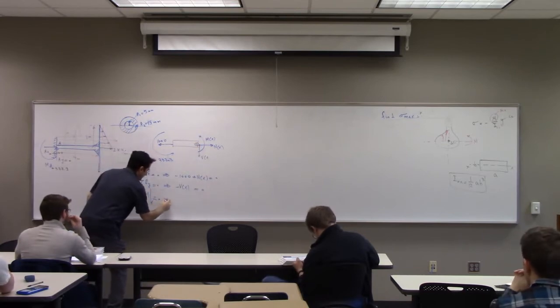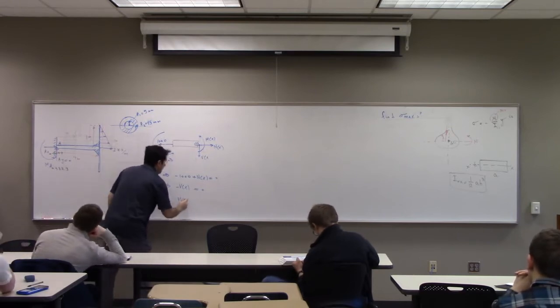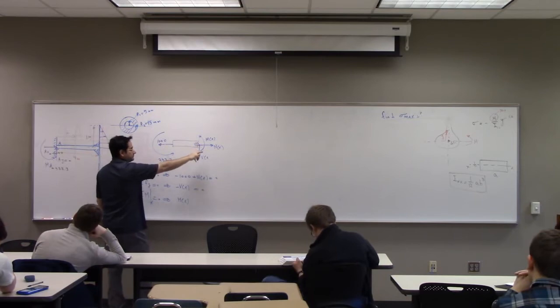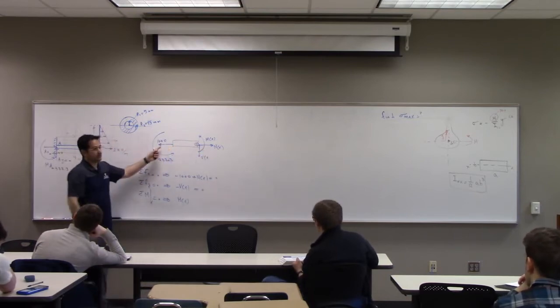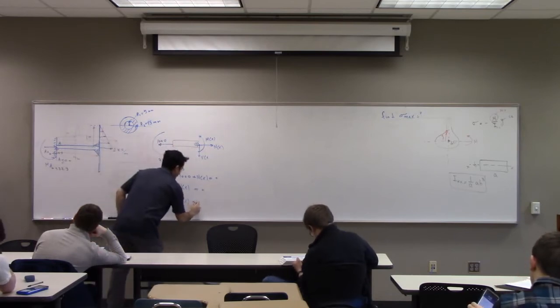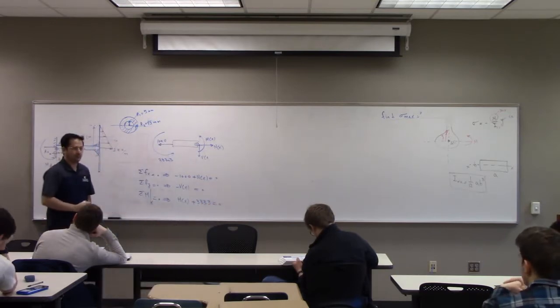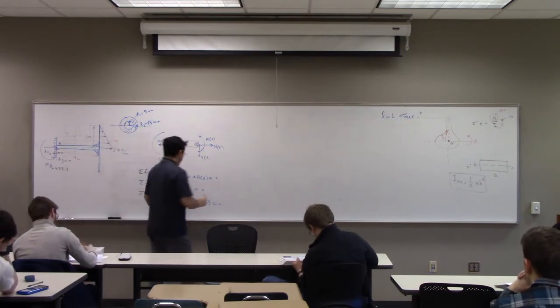Should be 0. That means positive MX plus the moment that comes from this, plus 333.3, is equal to 0. Then you solve.